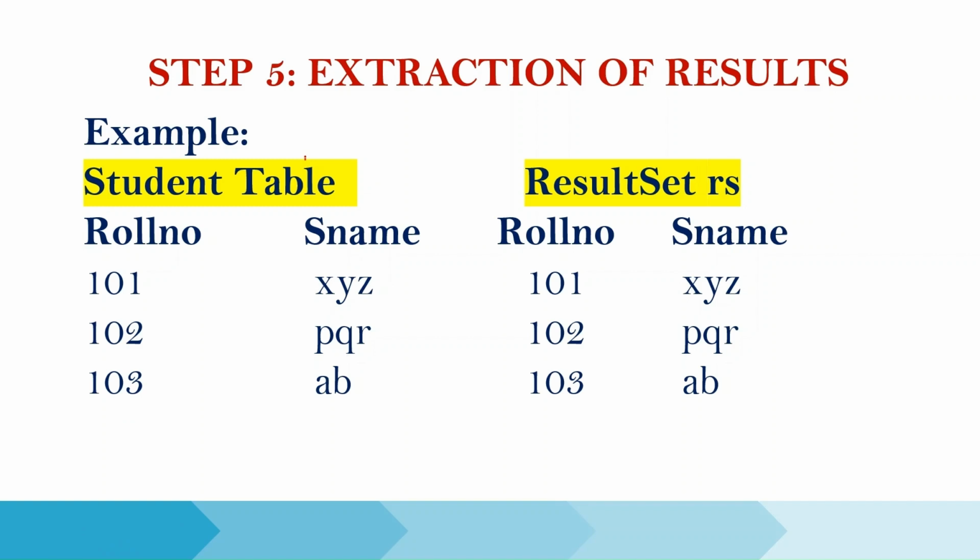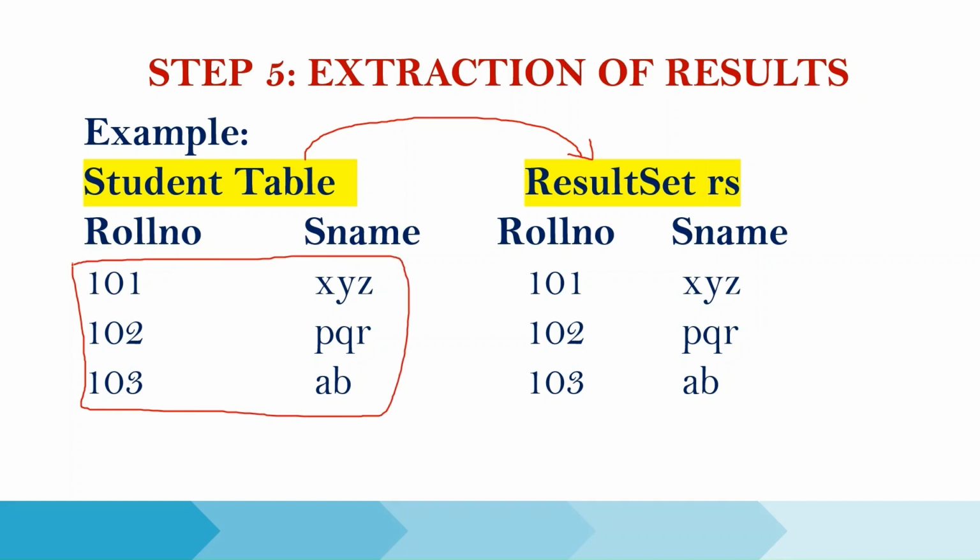So here you can see it is dumping. All the records, this complete set, is going to be dumped as it is, because we put the star mark: select star, all rows and all columns are dumped.